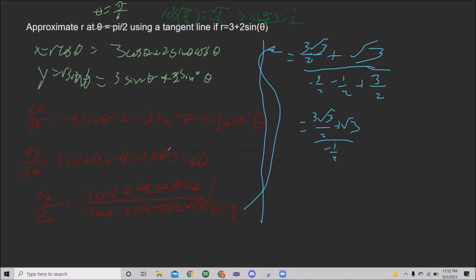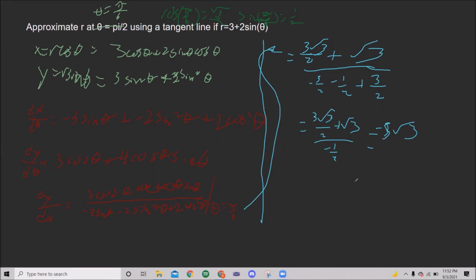So actually, you know what, I will. Sorry this is taking so long. This is actually equal to 3 root 3 plus 2 root 3, which we can rewrite as 5 root 3. And so I believe that is our slope. If that is incorrect, you just correct me in the comments, and I'll re-upload this video.